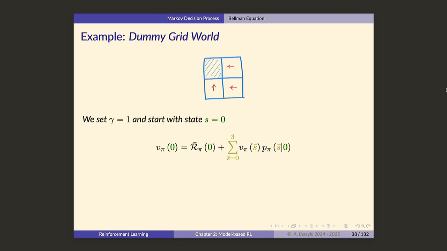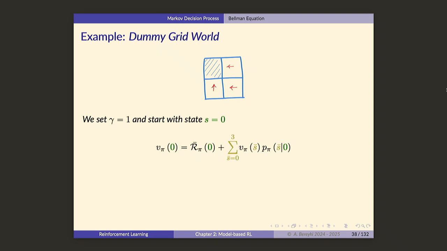If I want to write it down for state 0, it's going to be the average reward in state 0 when I play with my policy plus the value of every other state, so state 0, 1, 2, 3, all the states in this setting, the value of all of them times the probability that I transit from my current state 0 to that state.